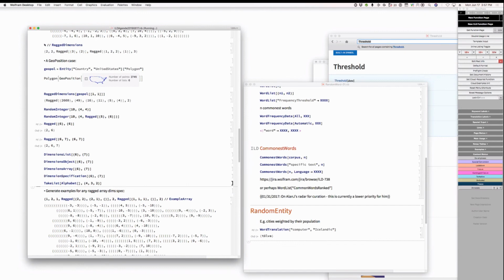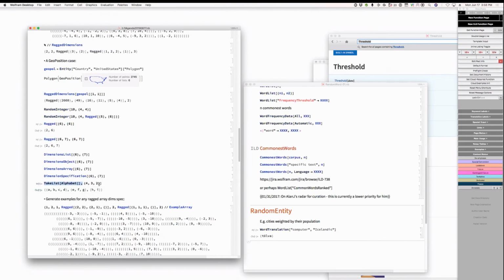Okay. So that is an example of an implicitly ragged specification in take list. Mm-hmm. Right? Yes. So in principle, that will be equivalent to ragged of list 4, list 3, list 2. Yes. That would be the dimensions of that object.